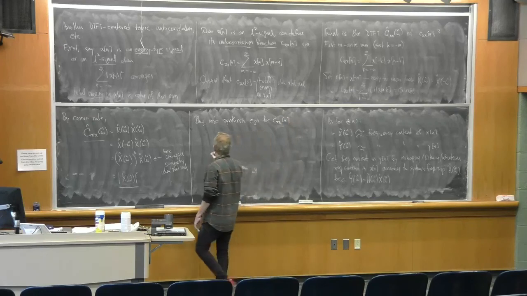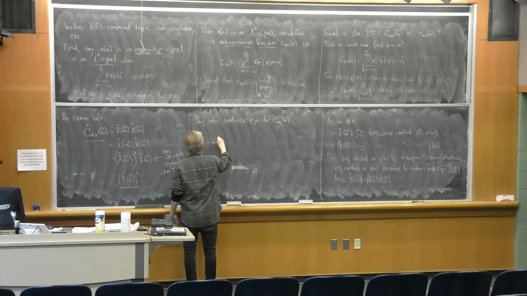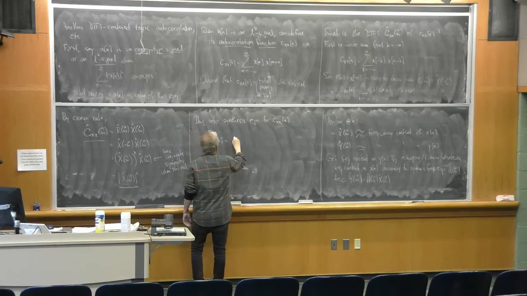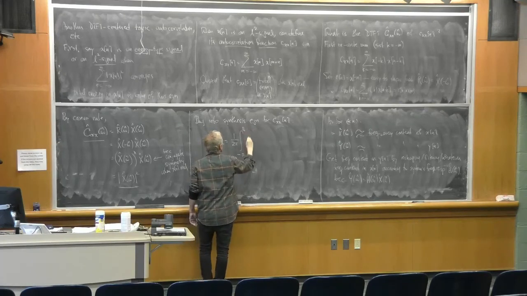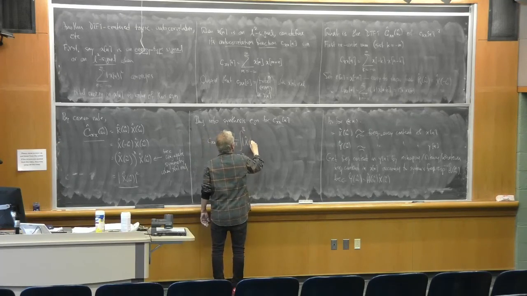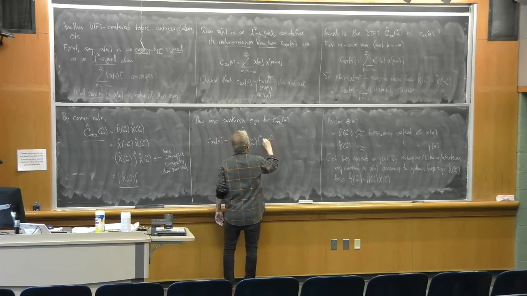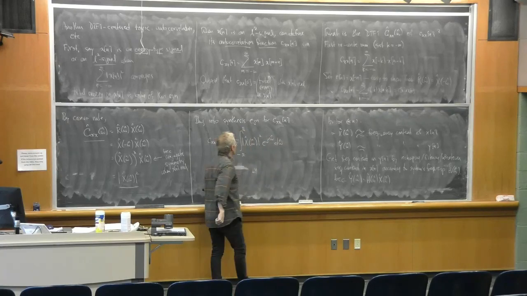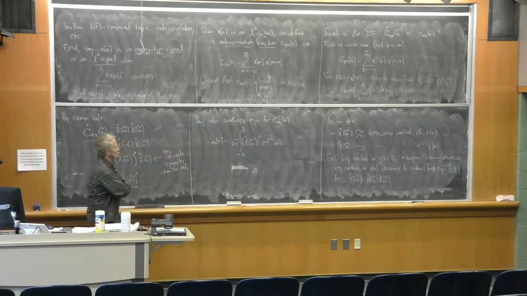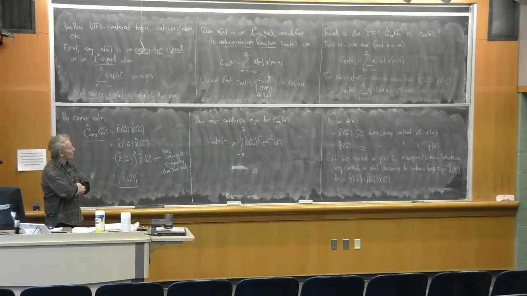We get that Cxx of n equals 1 over 2 pi, integral from minus pi to pi, magnitude squared of x hat of omega hat, e to the j omega hat n, d omega hat. Okay? So far, so good?